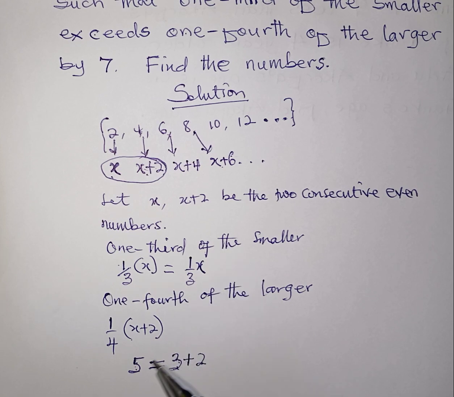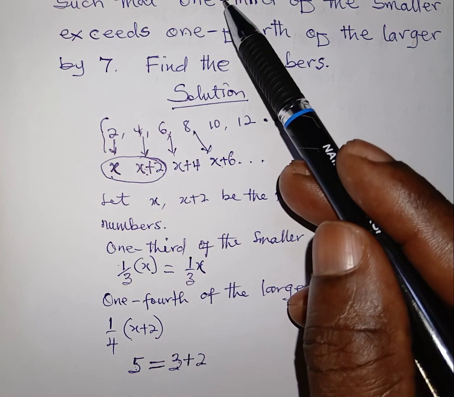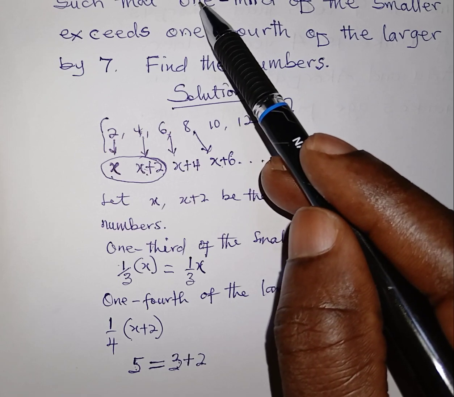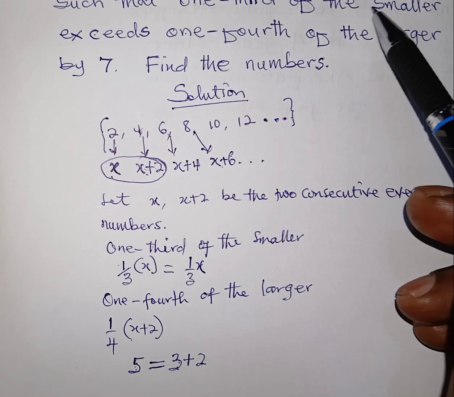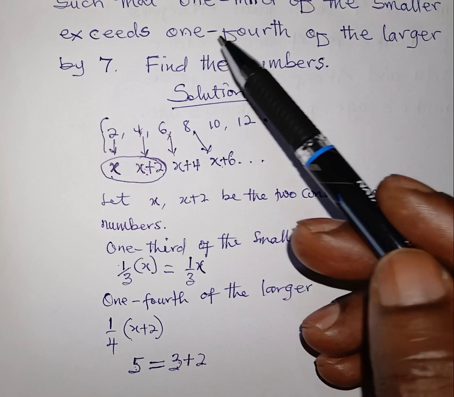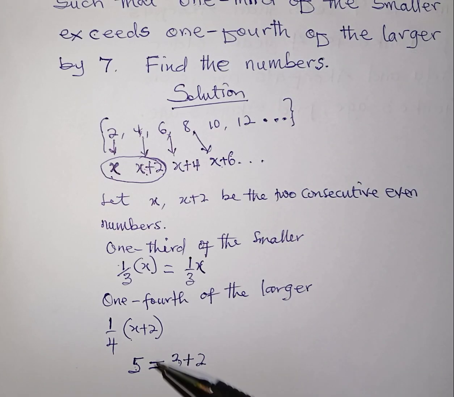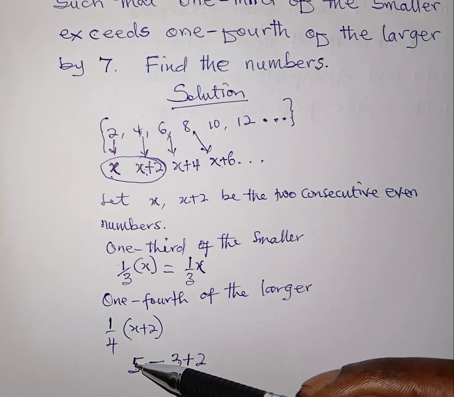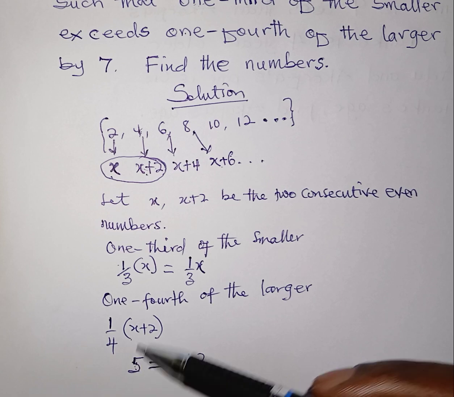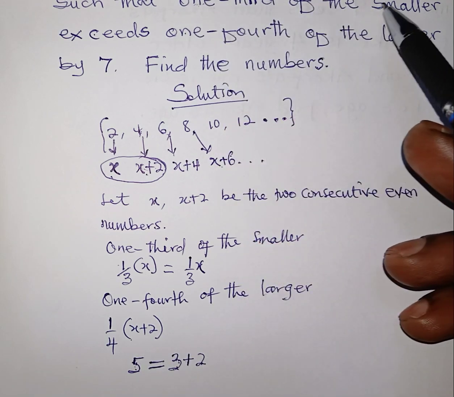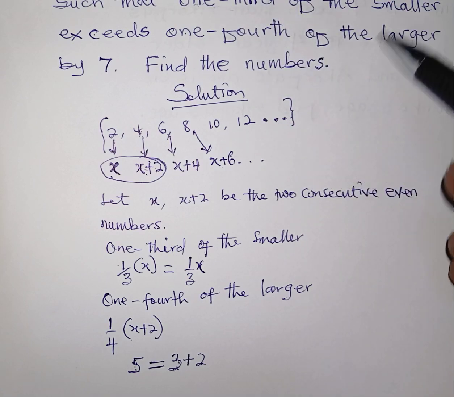So let's use the same idea here. So if we are saying that 1/3 of the smaller exceeds 1/4, here I'm using this 5 to represent my first sentence, which is 1/3 of the smaller exceeds.